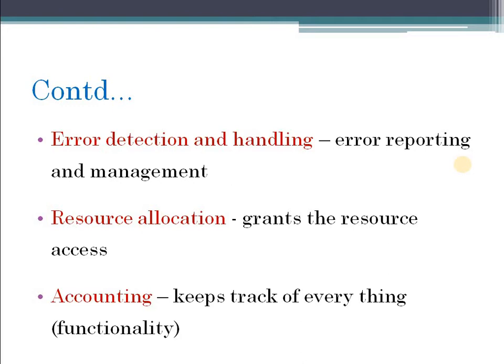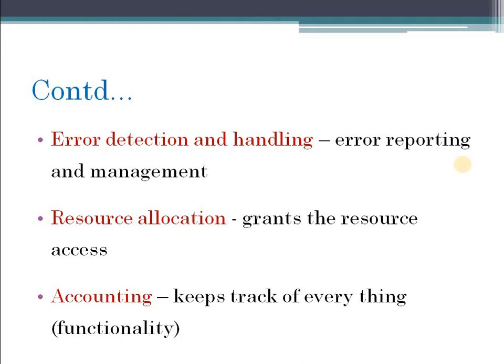Resource allocation. Every program, every instruction requires some resources in the computer system. So the operating system is there to grant permission to access the resource by that particular program. And if the execution of that program is over, then the resource is made free from that application. This is also the role of operating system.